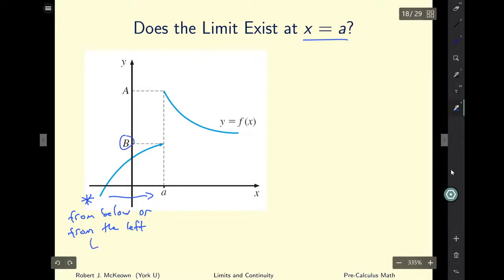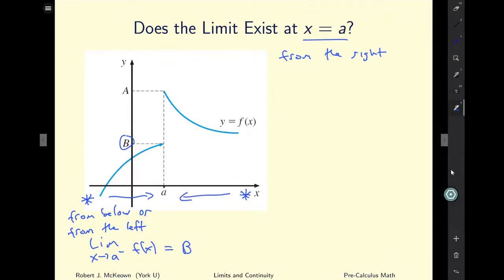So the limit as x approaches a from the left, I put that little minus sign, f of x is going to be equal to b. All right. What about from the right? From the right, say we're now starting over here, and x is becoming smaller as it gets closer to a.